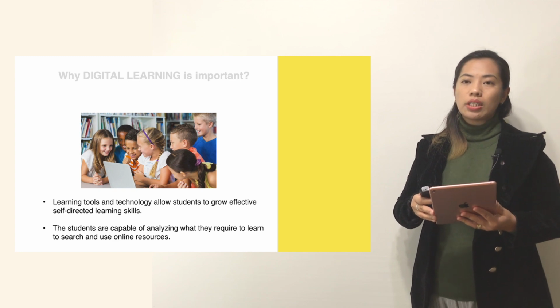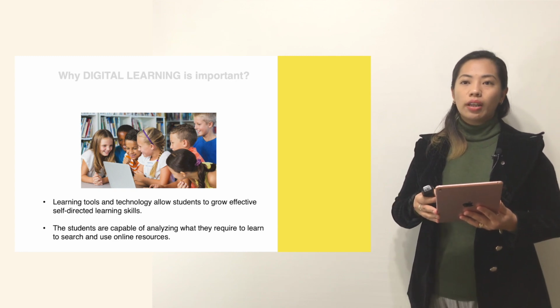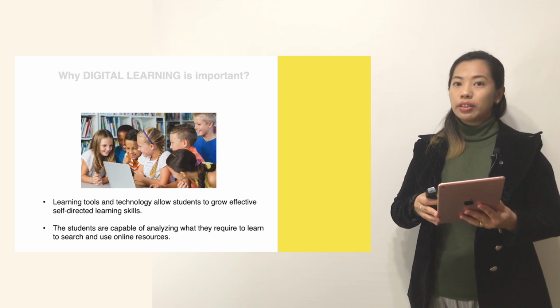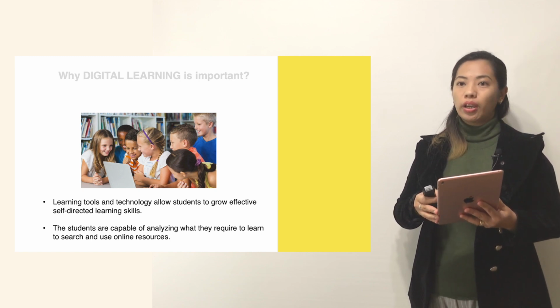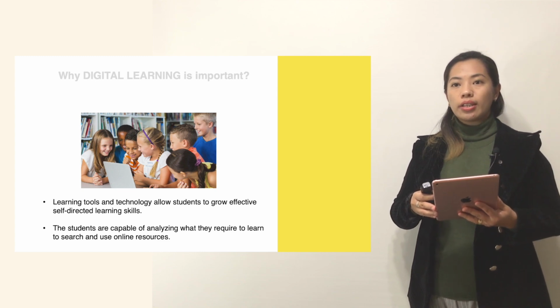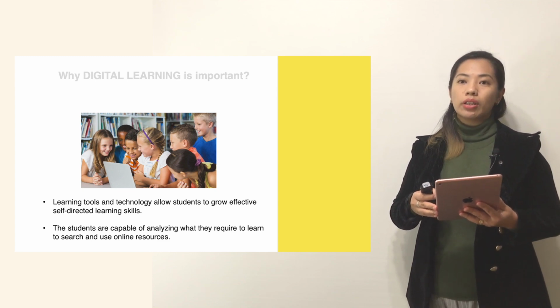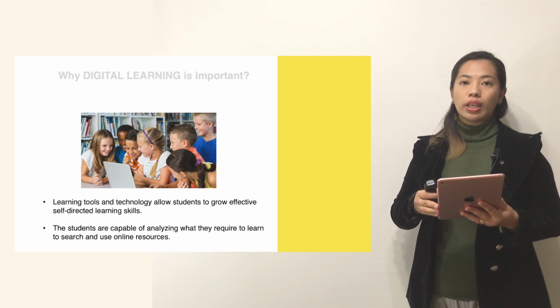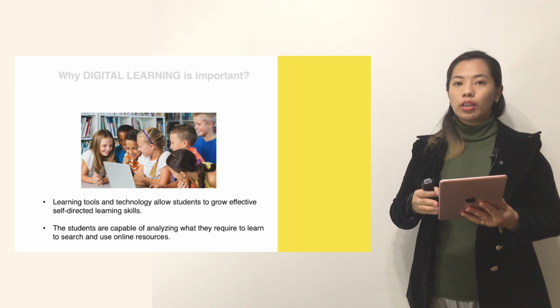So, as you can see, digital learning enlarges their efficiency and productivity in some ways, right? Furthermore, digital learning is appealing to the students because of the tools and technology that we can use in making them learn more.